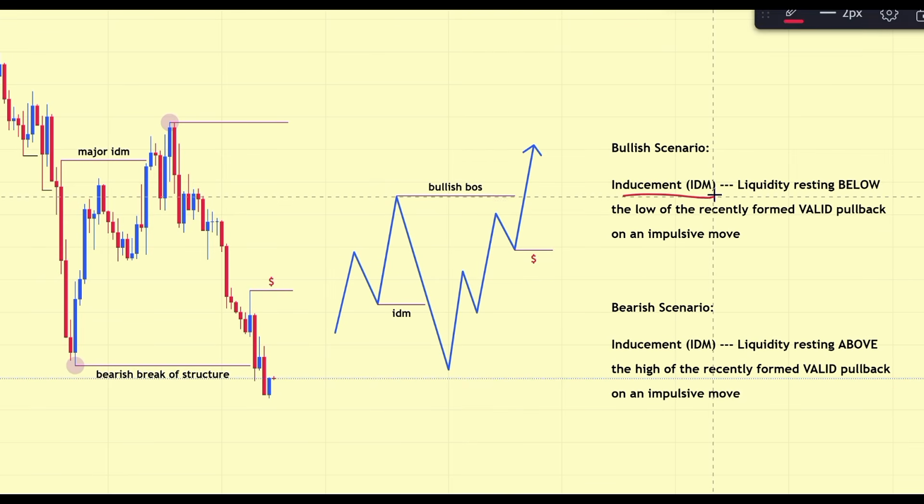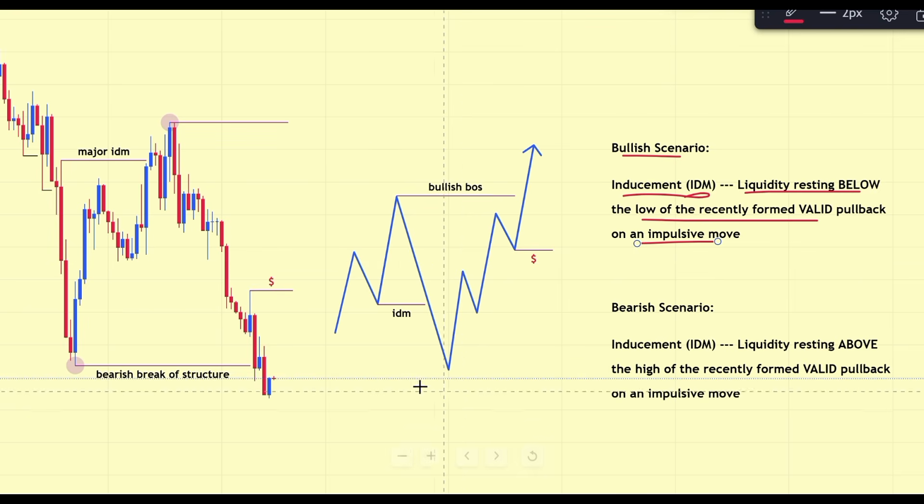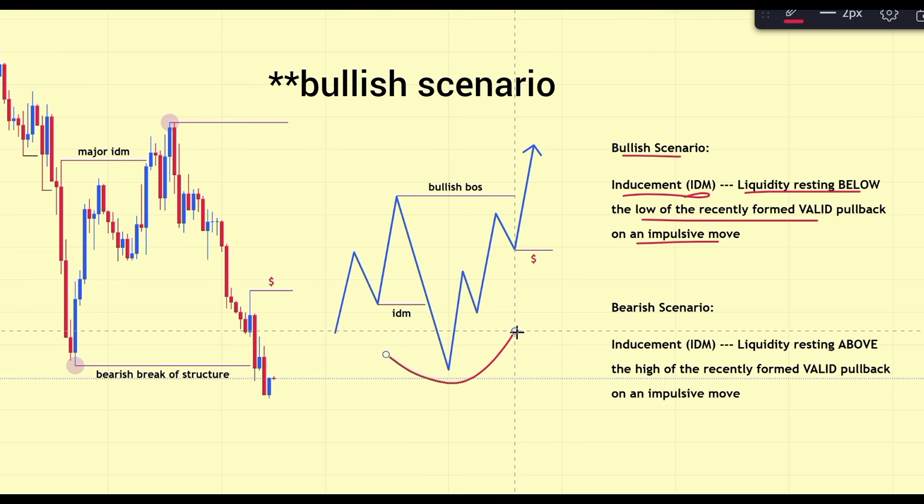Inducement, abbreviated as IDM, in a bullish scenario is the liquidity resting below the low of the recently formed valid pullback. The keyword here is valid pullback on an impulsive move. So taking this scenario, this one here is an impulsive scenario.